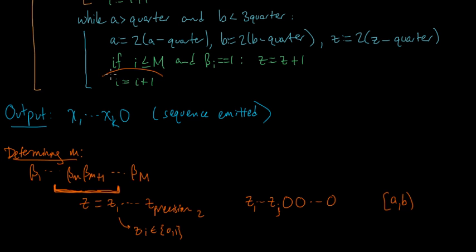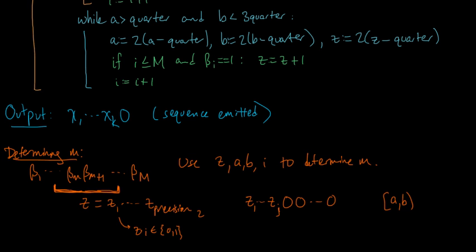Remember that i was keeping track of how many times we left shifted a, b, and z. So i is going to tell you where the end of your z occurs with respect to m. So you're going to use z, a, b, and i to determine m. And I'll leave that detail to you.